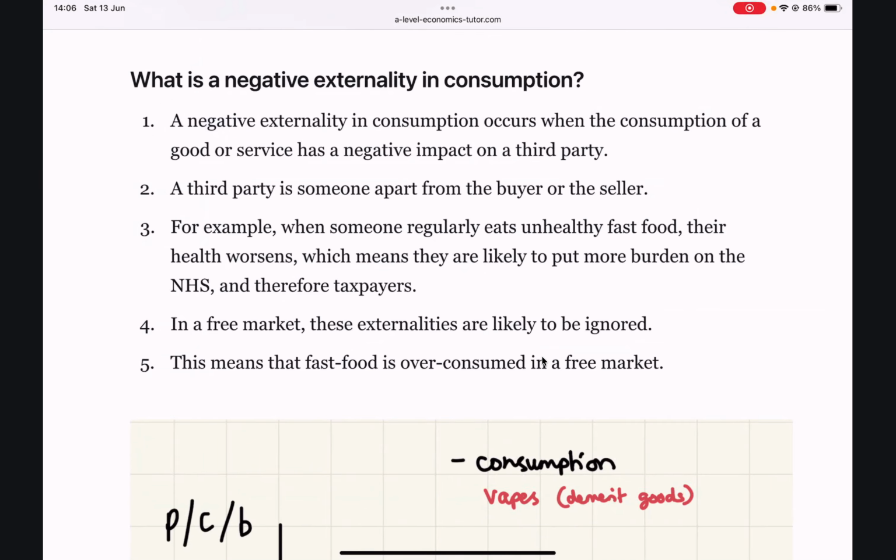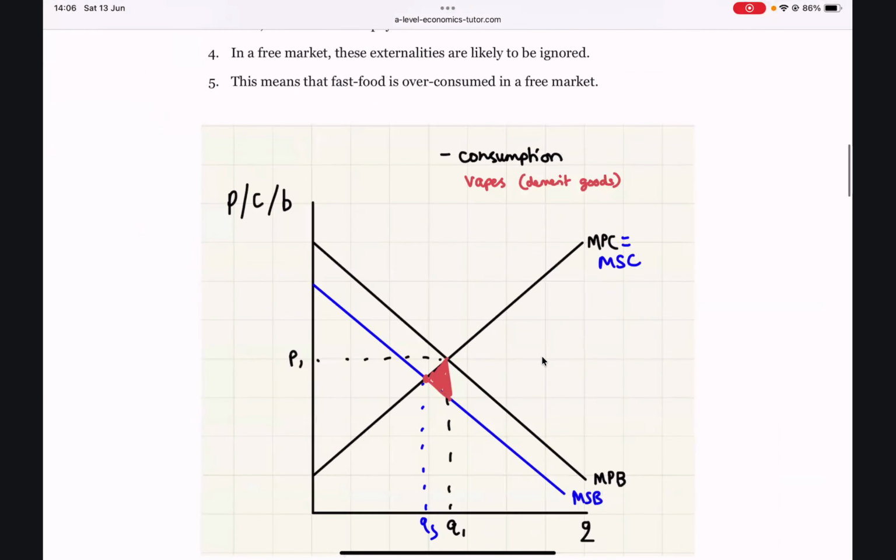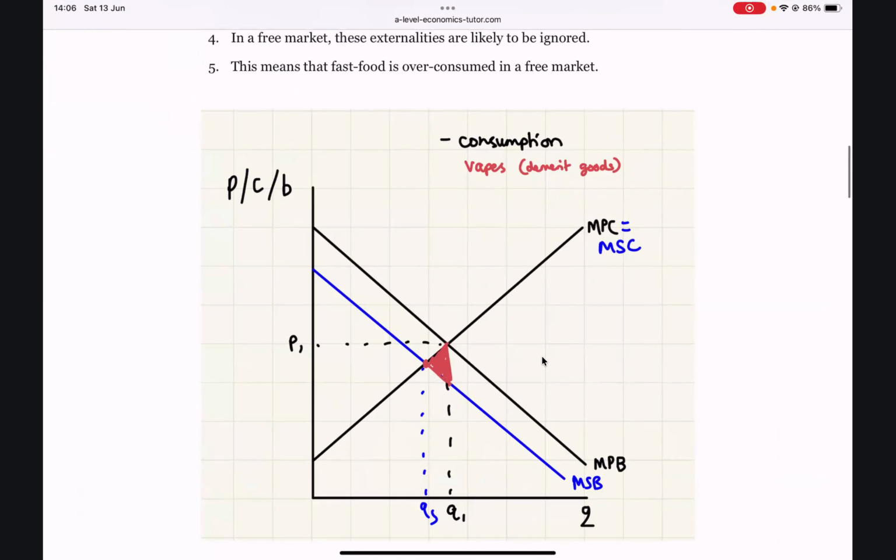These externalities are ignored in the free market. In the free market, the outcome is where MPB equals MPC, the Q1. The socially optimal outcome is where MSB equals MSC, the blue ones. So there's clearly an overconsumption in the market.